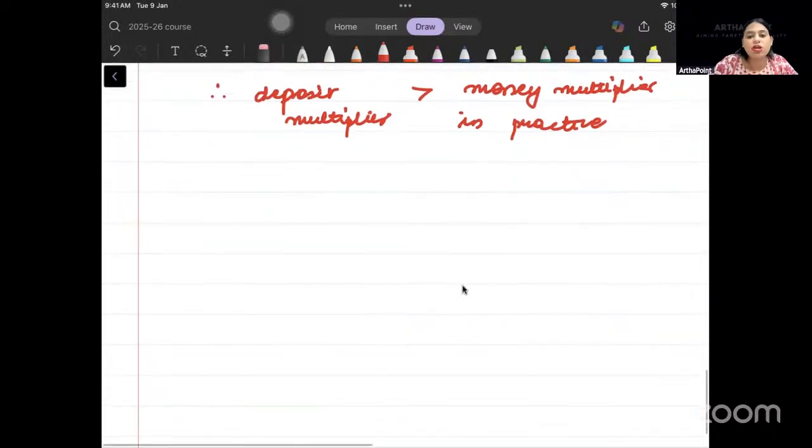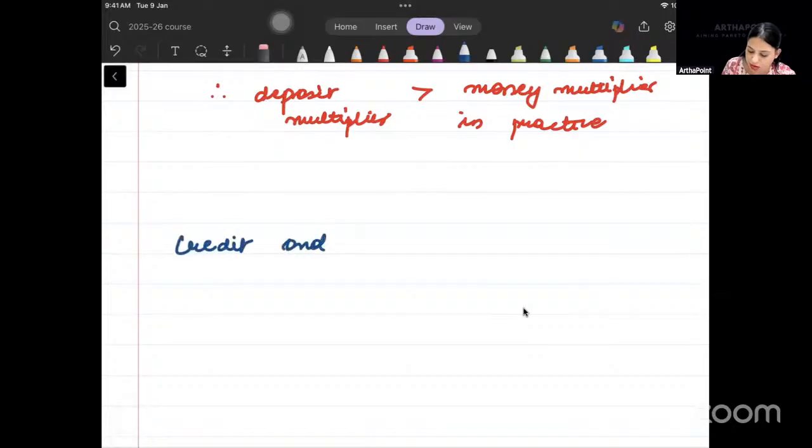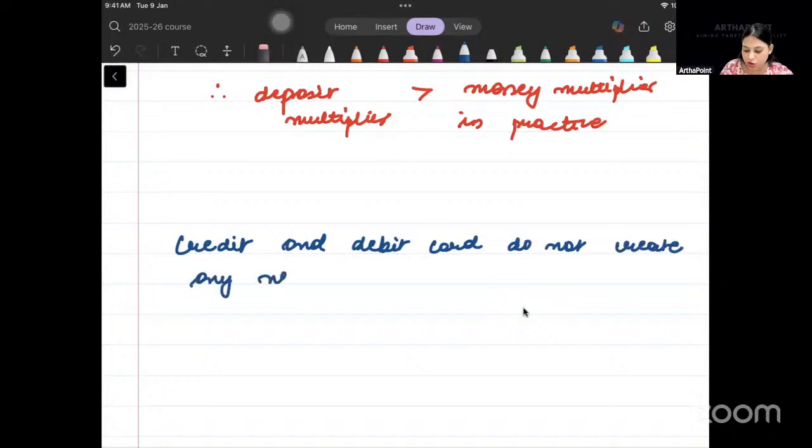Okay, now we will be talking about debit and credit cards. तो डेबिट एंड क्रेडिट कार्ड में कुछ नया मनी तो क्रिएट नहीं हो रहा है, right, but they are actually affecting the velocity of money, right, they are actually therefore affecting the currency deposit ratio, right? So write down, credit and debit card do not create any new money supply, right?